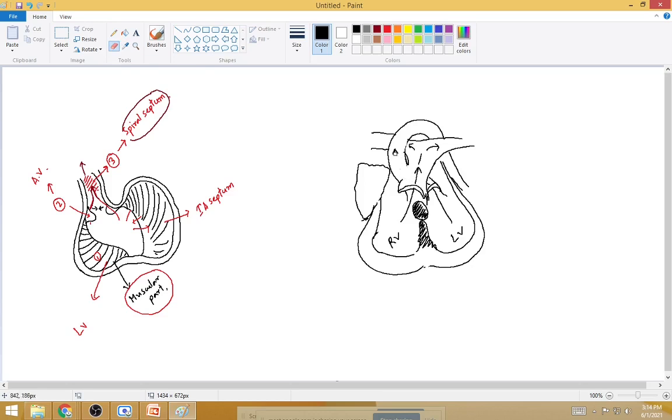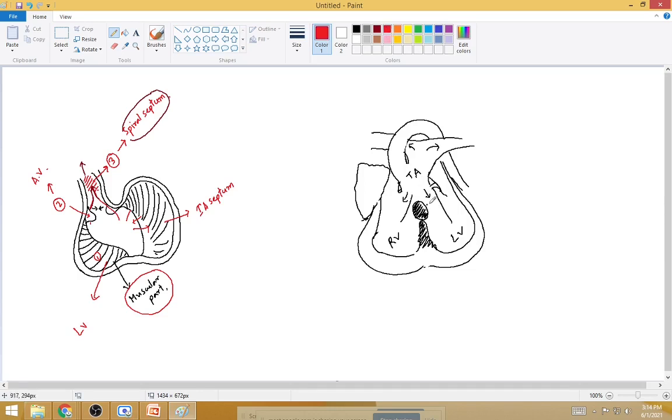This was a common chamber, isn't it? What was this common chamber? This was the truncus arteriosus, isn't it?